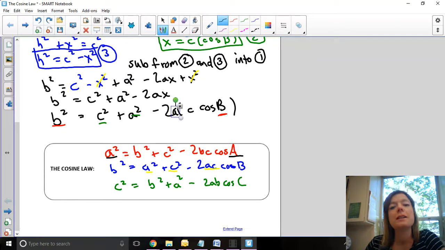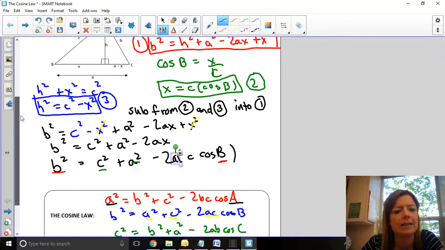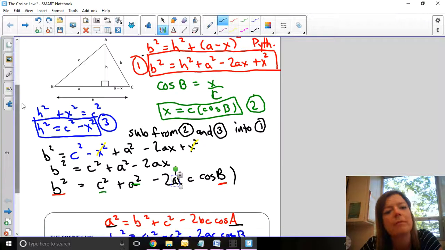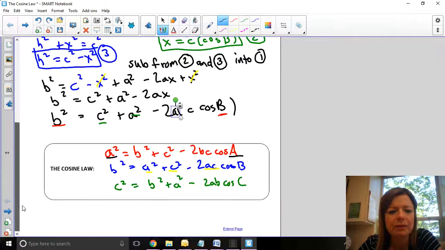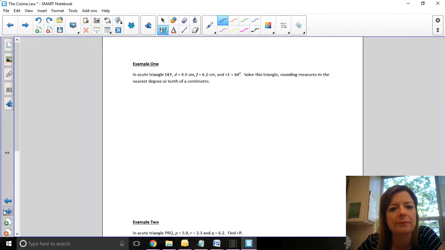So basically the understanding that you need here is that the development of the cosine law came from some known Pythagorean theorem formulas and a SOHCAHTOA formula, and just subbed these two equations into the other and rearranged to find the cosine law. Okay, so you need to have this cosine law memorized, and now we're going to go through and actually do some examples of how to use it properly.